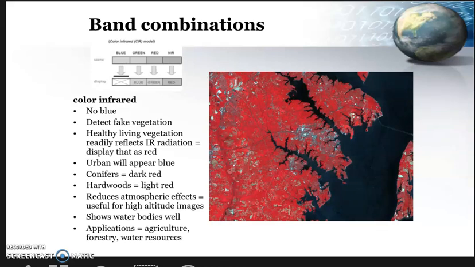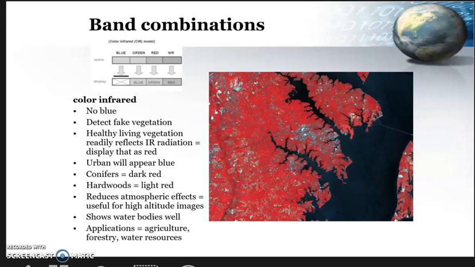For color infrared, there's no blue, so it's not subject to atmospheric scattering of blue light. It can detect fake vegetation. It can show healthy vegetation, which readily reflects infrared radiation and displays as red. Urban areas will appear blue.